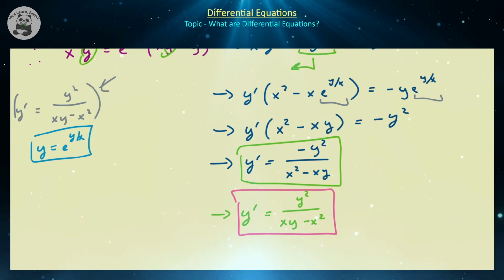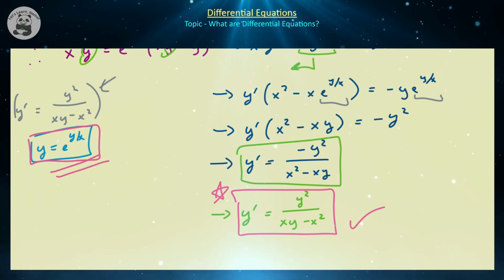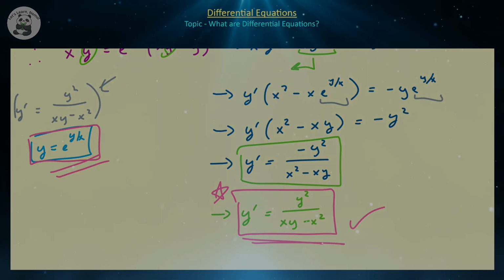So keep in mind, our proposed solution was that y was equal to e to the y over x, and the equation that it was proposed to be a solution of was this exact equation here. Therefore, we have that this is an implicit solution to this differential equation, which is pretty nice, I think.